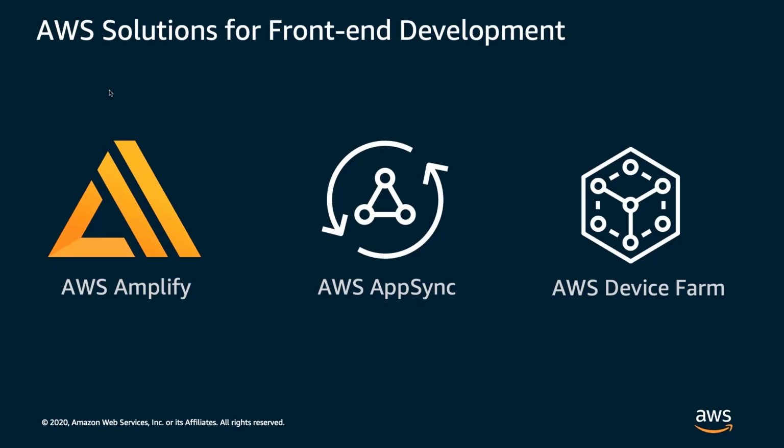Just some quick review. If you're not terribly familiar with front-end development in AWS, we have AWS Amplify, which is actually several different products. We have client-side libraries. We have a tool chain called the CLI, and we have a console for deploying and building web applications. All of those work together, or you can use them independently of each other. For the API layer, which is a popular way to build mobile and web applications now, just about every mobile and web app we see has an API layer of some kind.